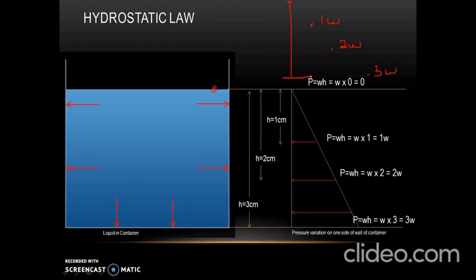And we will draw a horizontal line to show the bottom of the container. And later we will join all the points starting from P is equal to 0 to P equal to 1W, then P equal to 2W, and finally P equal to 3W. And it's a linear variation. So this is how we need to draw pressure variation diagram for a fluid in a container.